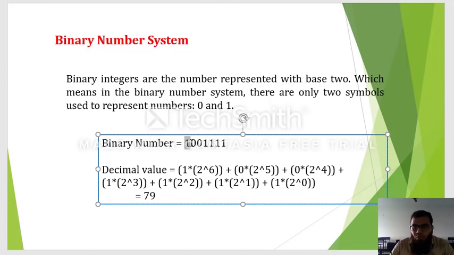So 2 power 6 to 2 power 0 are the places. We can do both ways: 2 power 6 into 1, 2 power 5 into 0, 2 power 4 into 0, or we can start from the right hand side also. From the right or the left, but you need to be careful with the exponent.